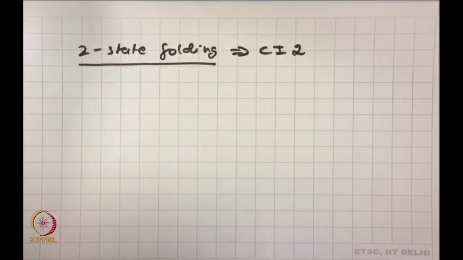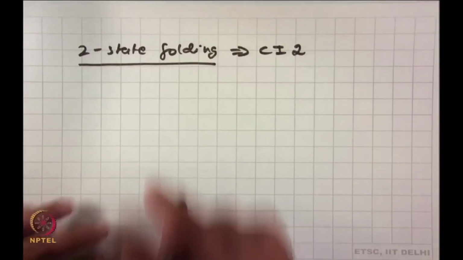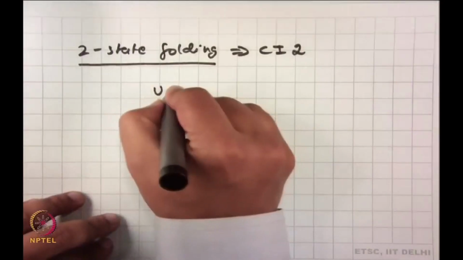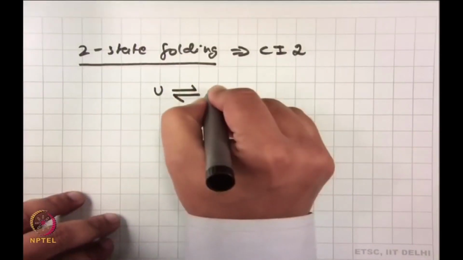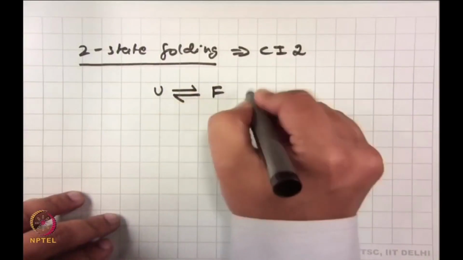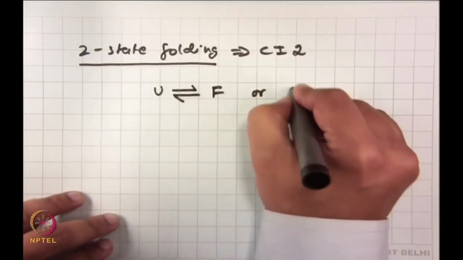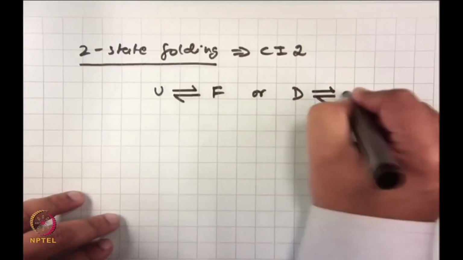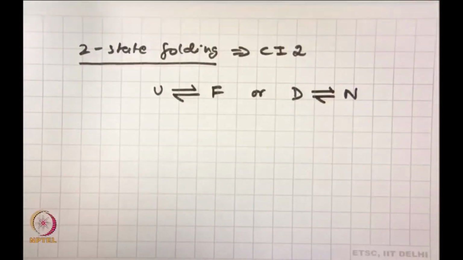If it is a two state folding, what we know from our detailed discussions before is that it can be written as unfolded state in equilibrium with the folded state, or I can write it as the denatured state in equilibrium with the native state. I am writing it from this side, unfolded to folded, because I am looking at the process of folding, right, that is what I am looking at.